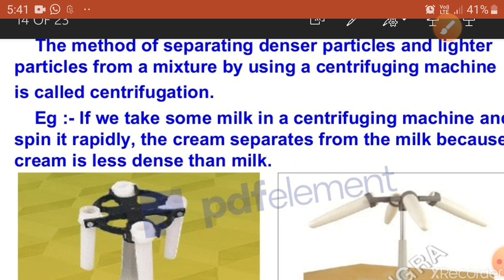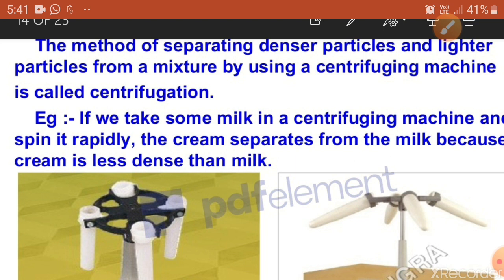The principle it is based on is that denser particles are forced to lie at the bottom, and the lighter particles stay at the top. You can say they float at the top.